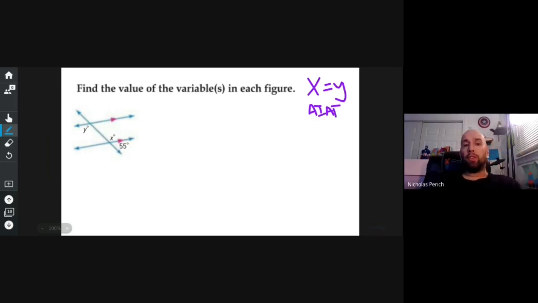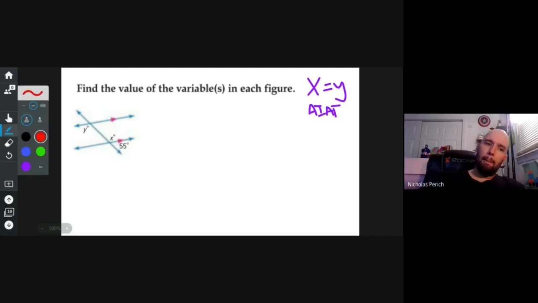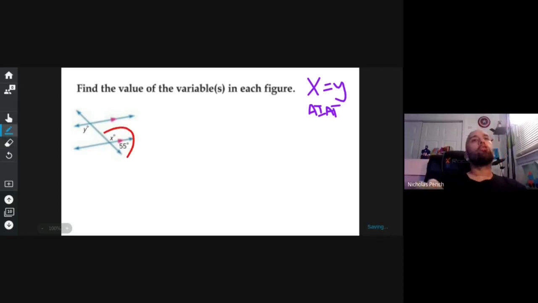Now, 55 looks like an acute angle. X doesn't. So they're not going to be equal to each other. What I do know is that they form a linear pair. So those two add up to 180, which would make x equal to how many degrees?